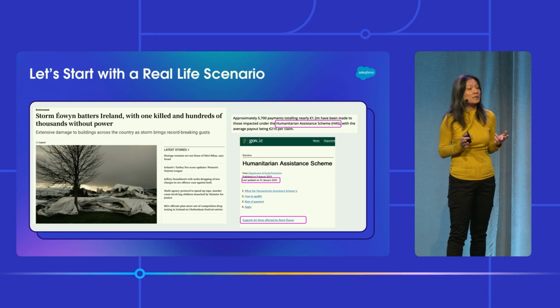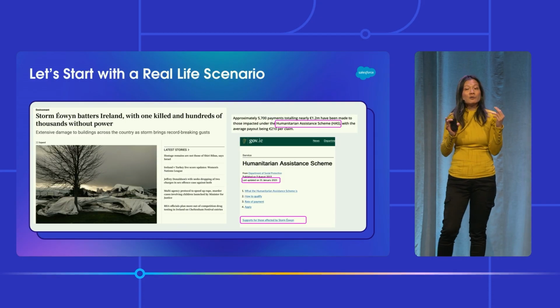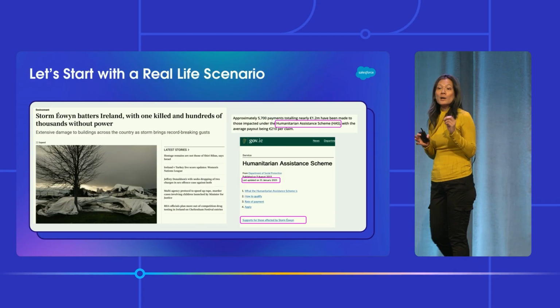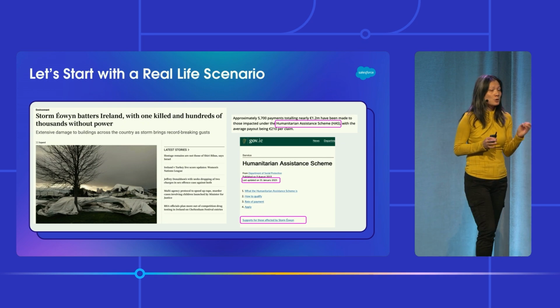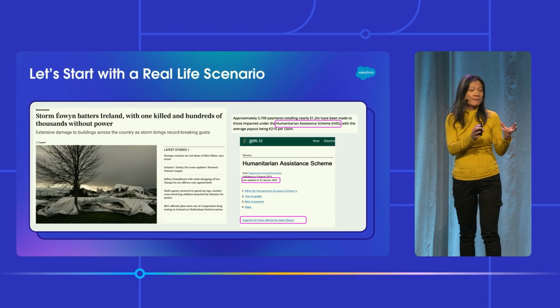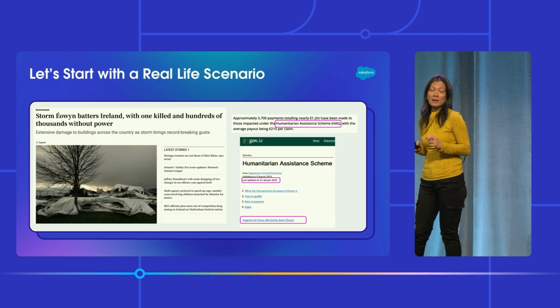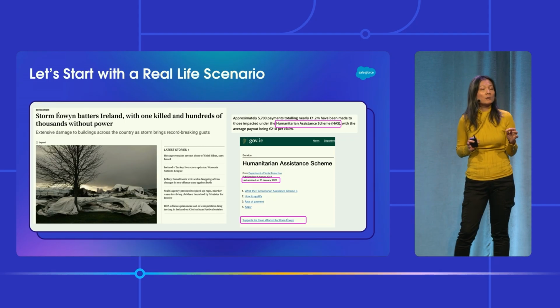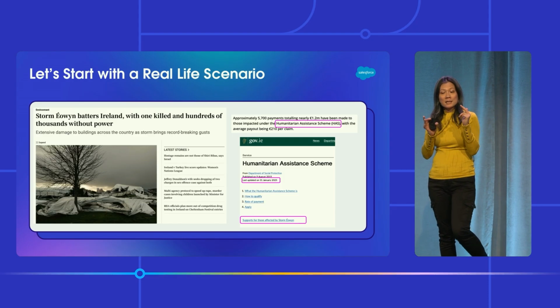And this was a really straightforward use case for vector search, right, leveraging semantic similarity to identify the relevant text in your policy documents to answer users' questions. Now, when it comes to the specific storm Owen, this is where keyword search could be really helpful. But in addition to your regular home insurance coverage, there is an additional assistance scheme.